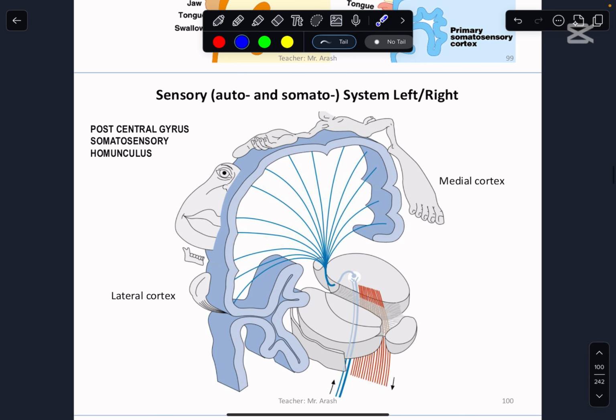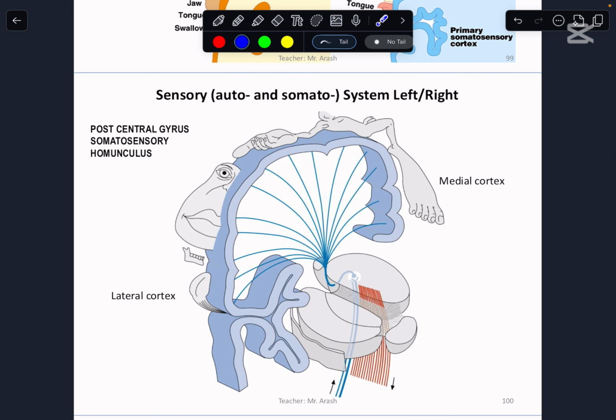This slide also talks about this idea of lateralization, as I told you before: the signals that come from your left side of the body switch and go to the right side of the brain, and the signals coming from the right side switch and get dealt with on the left side of the brain.